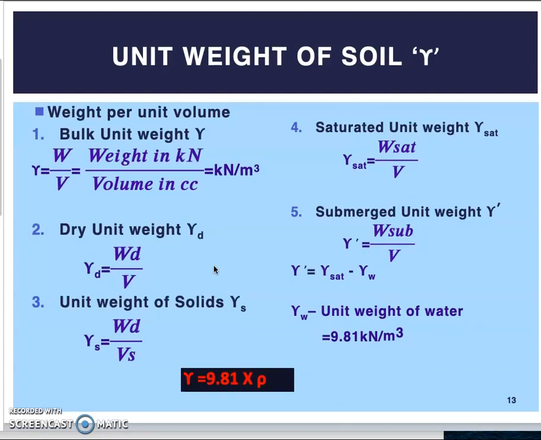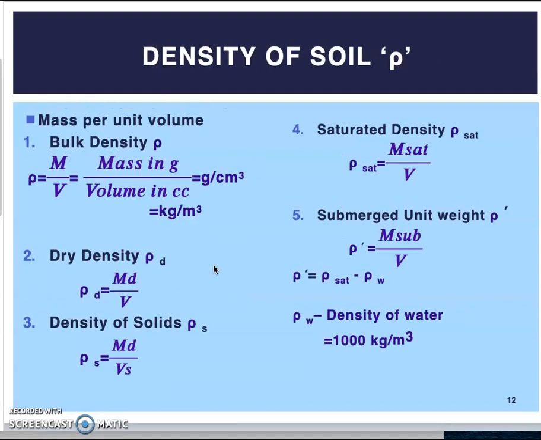Next is dry density. Dry density is given as rho d. Rho d is given as dry mass divided by volume. So you take the same mass, put it in the oven, and then that mass divided by volume will give you the dry density.